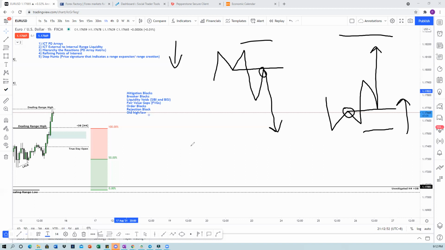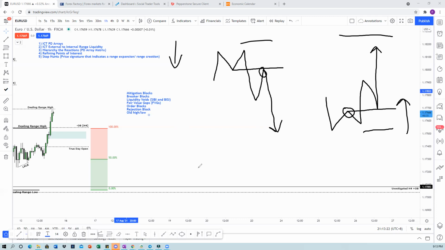A breaker, which I'm going to talk about now, and a mitigation block serve two different purposes. Mitigation blocks serve as a continuation to go somewhere, whereas a breaker block serves as a point of reversal most of the time.